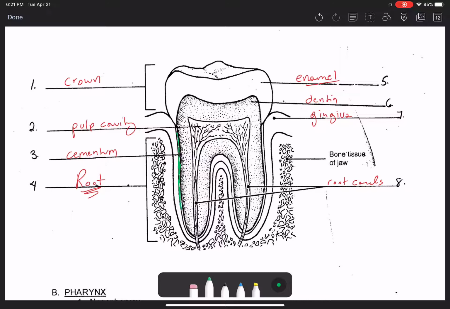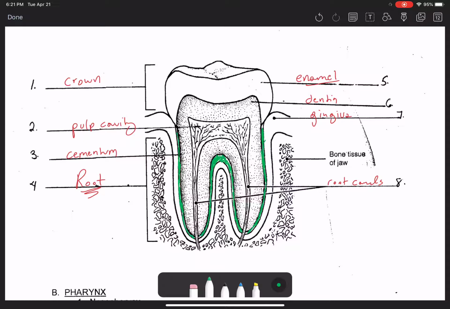This is the cementum, so it completely surrounds the root of the tooth. And then the root of the tooth actually anchors the tooth to the surrounding jawbone.